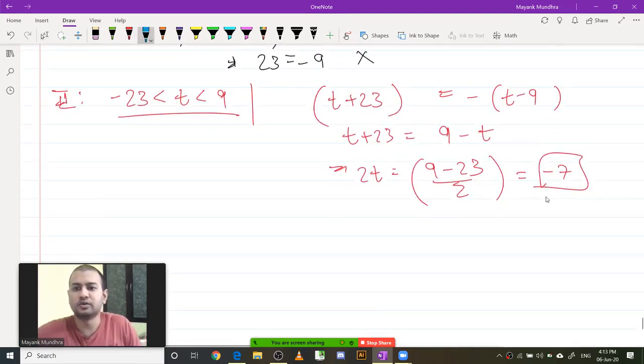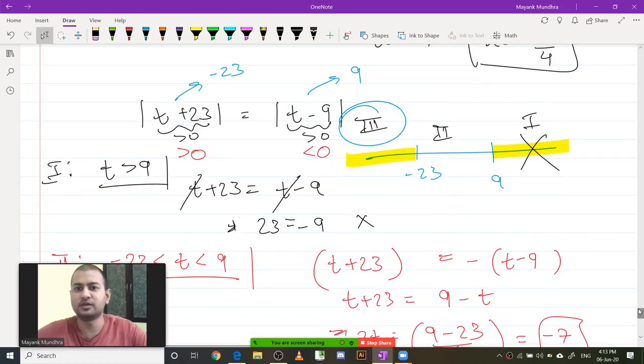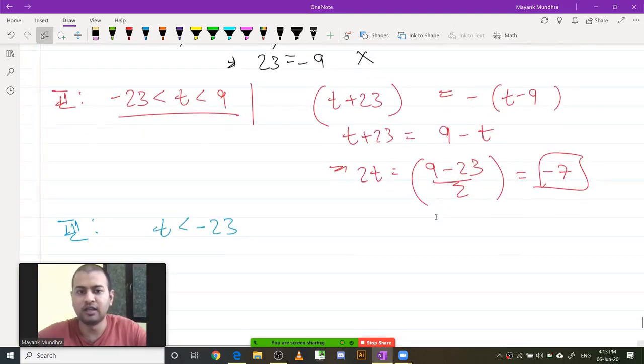In the third case you have t less than minus 23. When t is less than minus 23, this thing is negative and this thing is negative as well. Both are negative, so you'll get a minus sign in front of both. You'll get minus of t plus 23 equals minus of t minus 9.